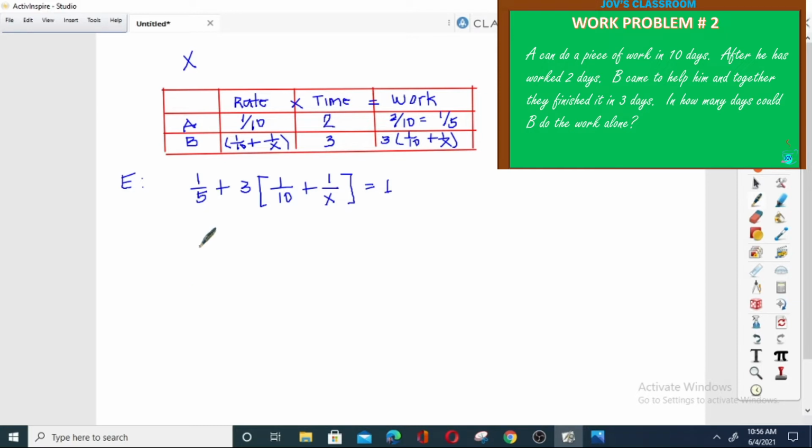So let us simplify, solve. One fifth plus distribute 3/10 plus 3/x is equal to 1.